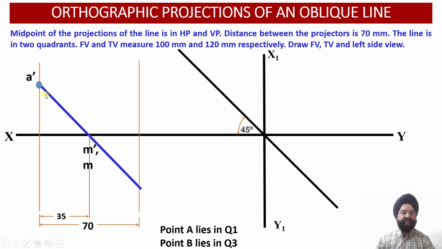So if this distance A'M' is equal to 50, along the same orientation we are going to get M'B' distance also equal to 50 millimeter.